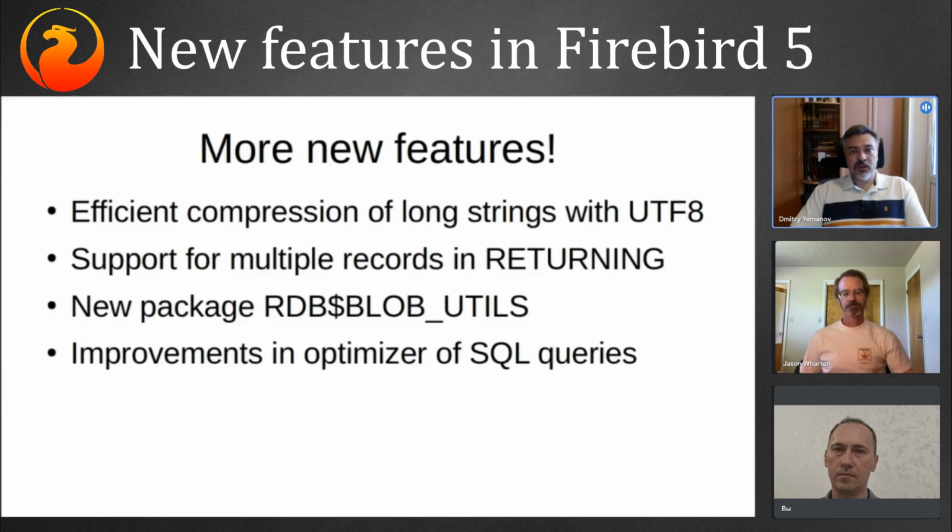So multiple rows could be returned using the returning clause, not only one row as in pre-Firebird 5 versions. A new package, RDB$BLOB_UTIL, was introduced to help with blob operations, execute some of them more efficiently, and work with blobs kind of like you would work with files in a file system, for example. Open, read, write operations, things like that.